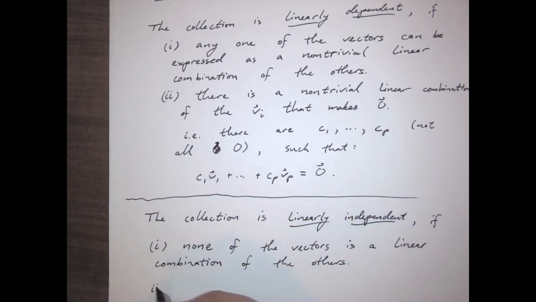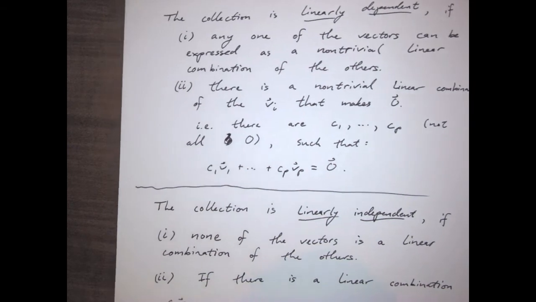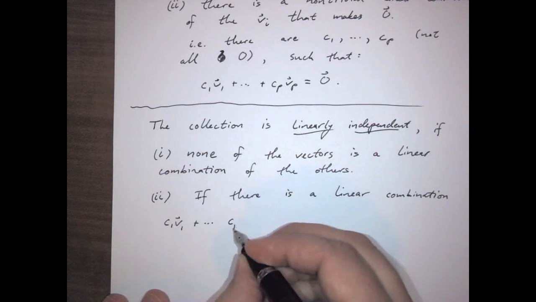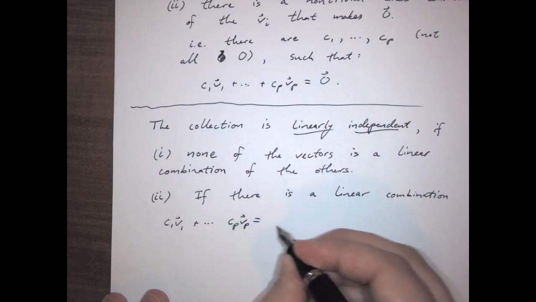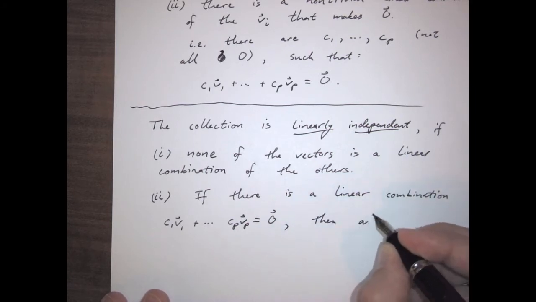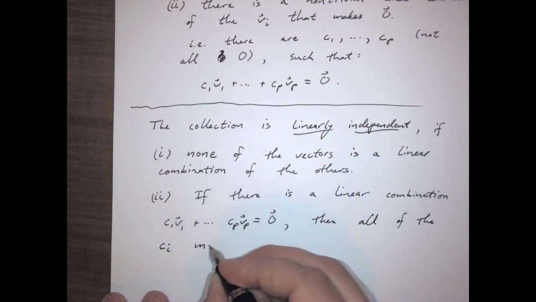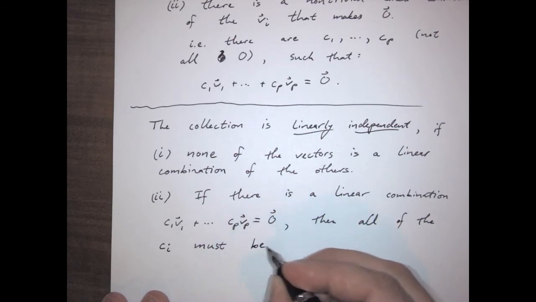Or, another way of putting that, if there is a linear combination c1 v1 plus dot dot dot up to cp vp which comes out equaling 0, then all of the ci must be 0.